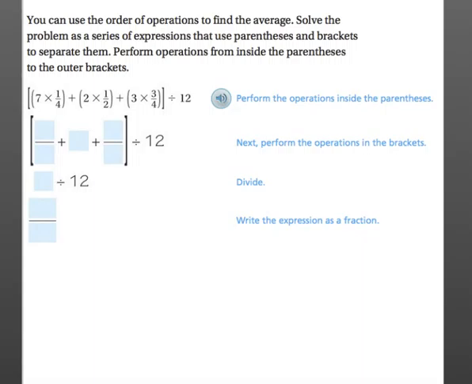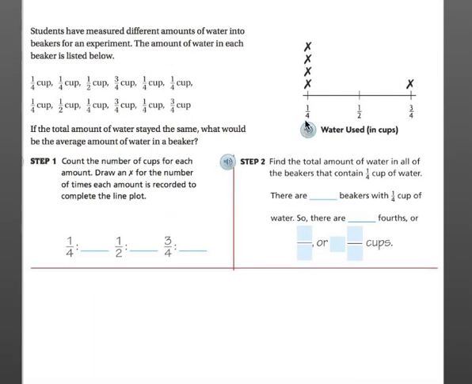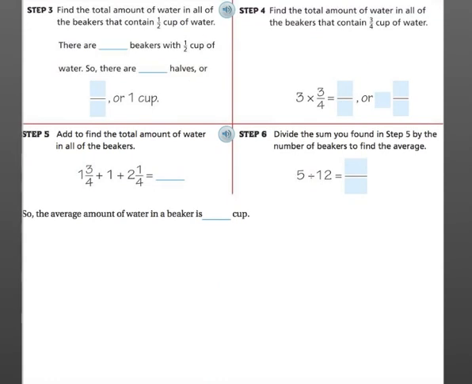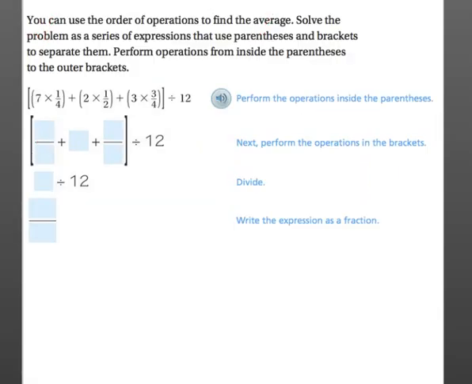So what we did up top was we multiplied 1/4 times how many x's, we multiplied 1/2 times how many x's, and we multiplied 3/4 times how many x's, and then we added them together. So you could use the order of operations to help you solve that. So this is an example of what that would look like. So remember we multiplied 7 because there are 7 x's and 1/4, 2 times 1/2, and I had 3 x's for 3/4. So all they did was they used the order of operations to help them solve it.